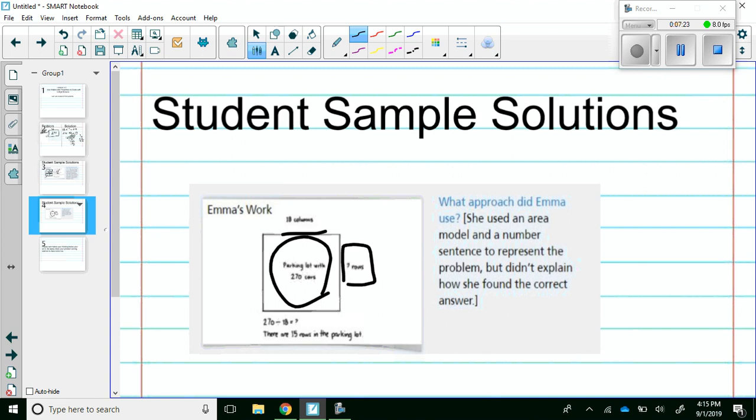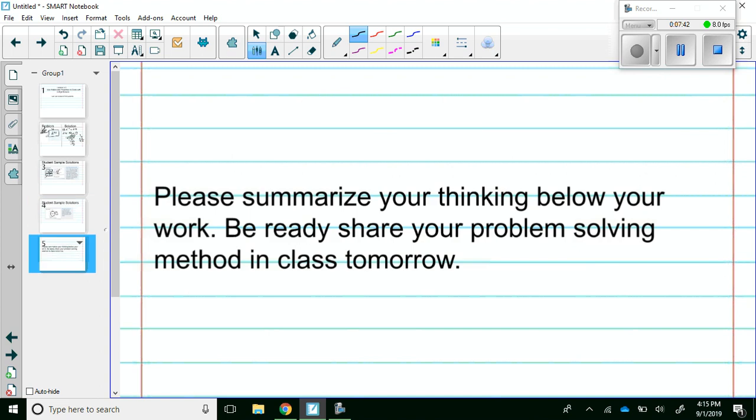At the bottom, she has her equation of 270 divided by 18 to find out how many rows there were in the parking lot. She did find the answer. However, where she went wrong is that she did not explain or show her work to see how she solved it.